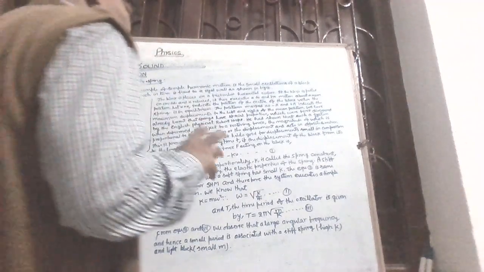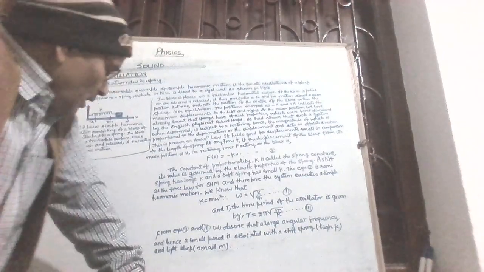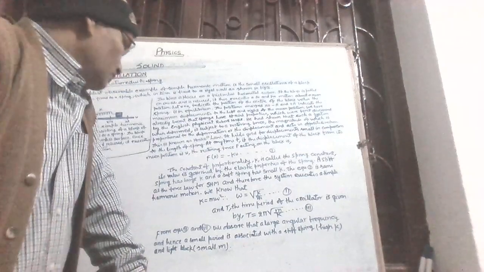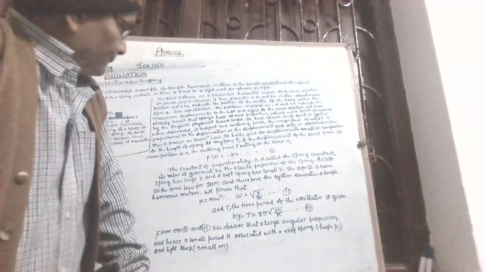Thus, we observe from equations 1, 2 and 3 that a large angular frequency, and hence a small period, is associated with a stiff spring. It means the value of k should be high and the block should be light, or a small m.